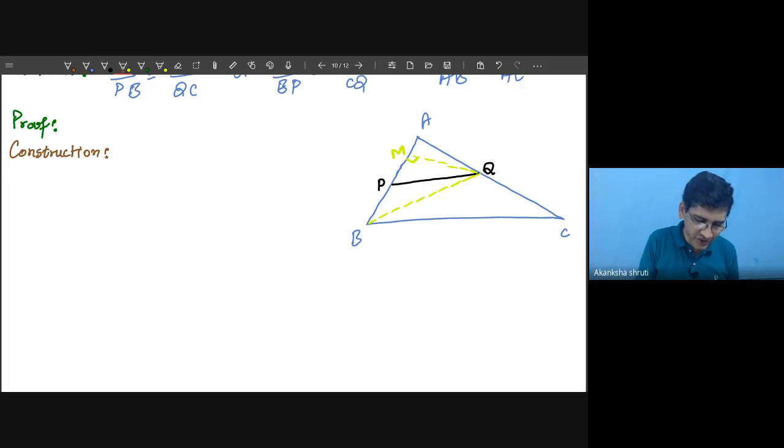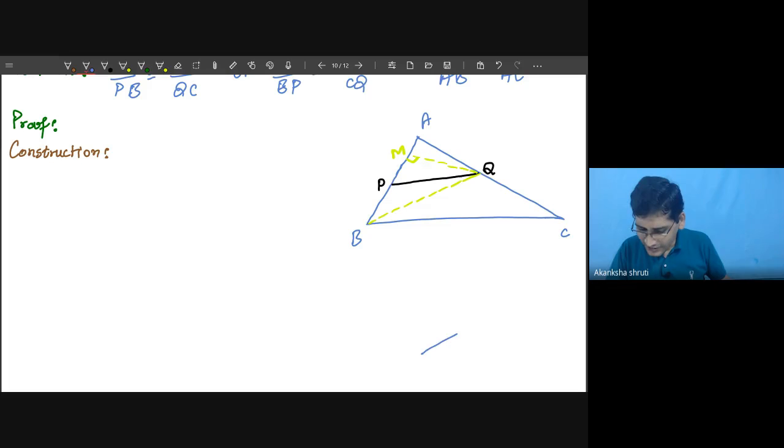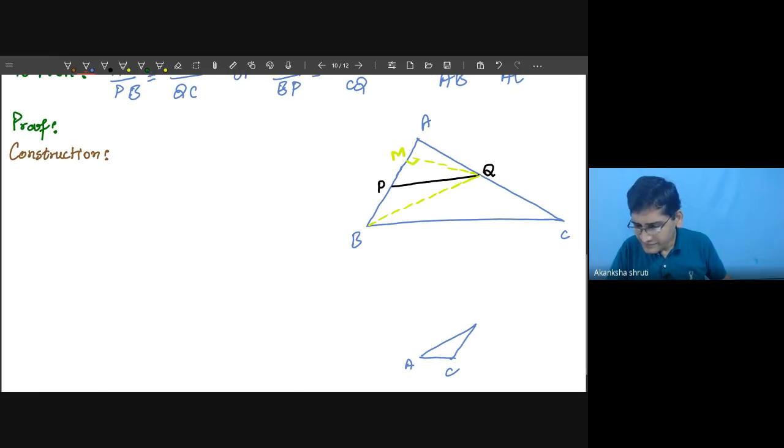Just before writing the ratios, let me explain a bit more. If you have such a triangle like this, say ABC, and you want to take the perpendicular over the side AC, how can you get the perpendicular? For that you have to extend the side AC, because this perpendicular cannot fall between the AC, so this will be the perpendicular.